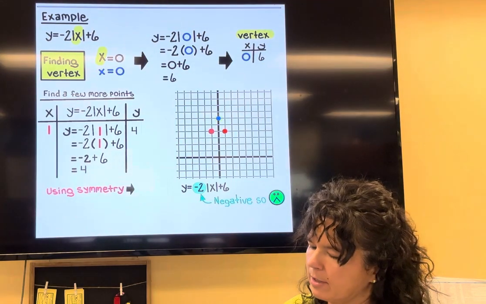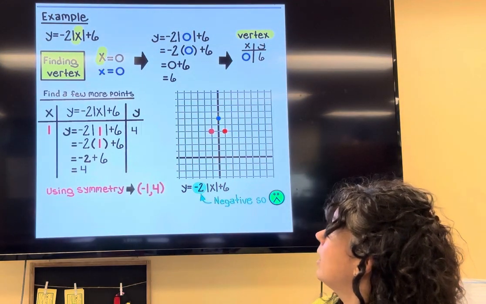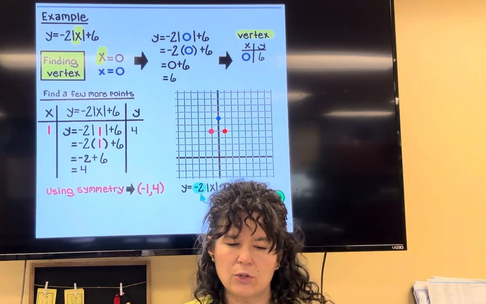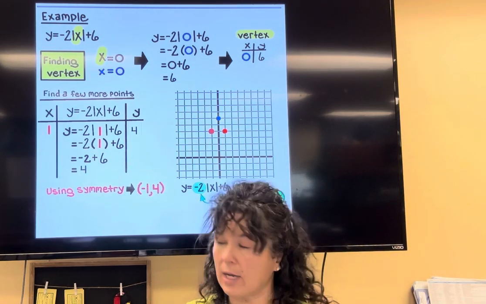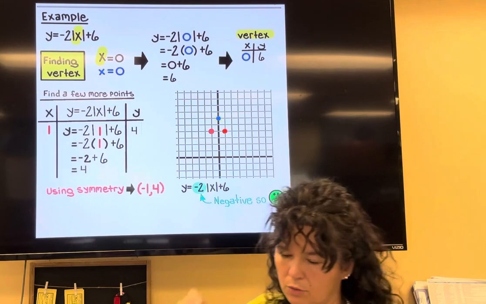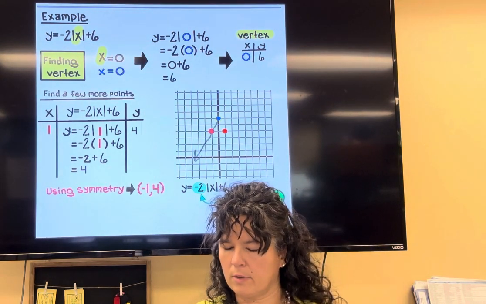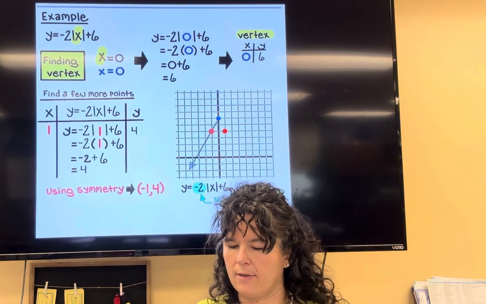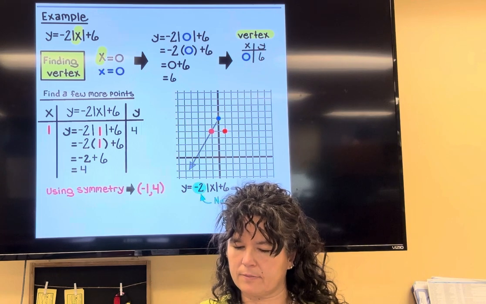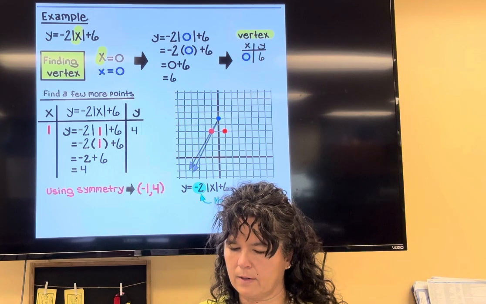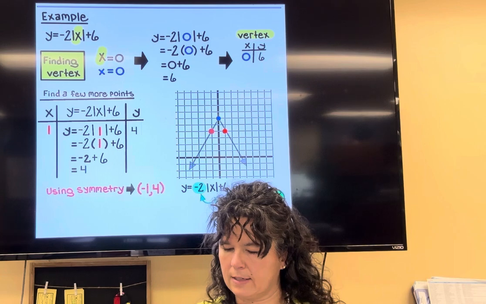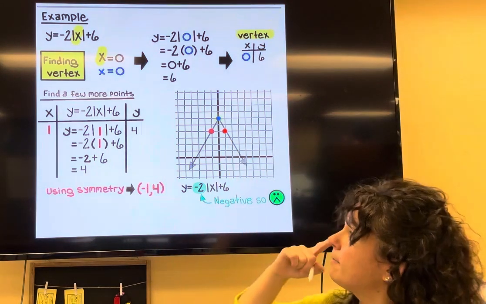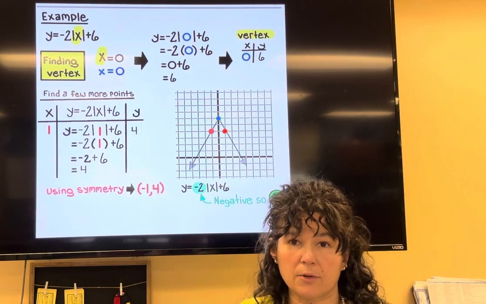And that happens to be located at -1, 4. Now I'm ready to draw my V. So let's go ahead and start at this vertex and go through the point. So boom, go, and then do that again. Go through that point. And now we have the graph of our absolute value.